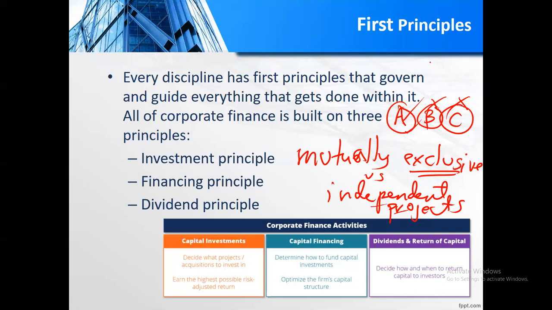Ito, 70 million. Ito, 20 million. Ito, 30 million. So, ibig sabihin, hindi natin mapipili lahat kasi lalampas tayo ng 100 million. So, pipiliin na lang natin yung pinaka highest returns dito na aabot sa budget natin na 100 million. Okay? So that's what we do with the investing principle.